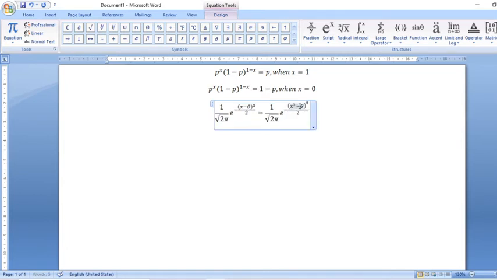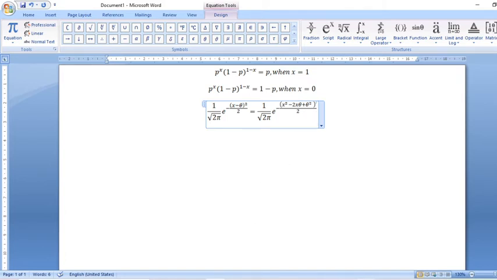Square, minus 2x theta, plus... this is the density of normal distribution.